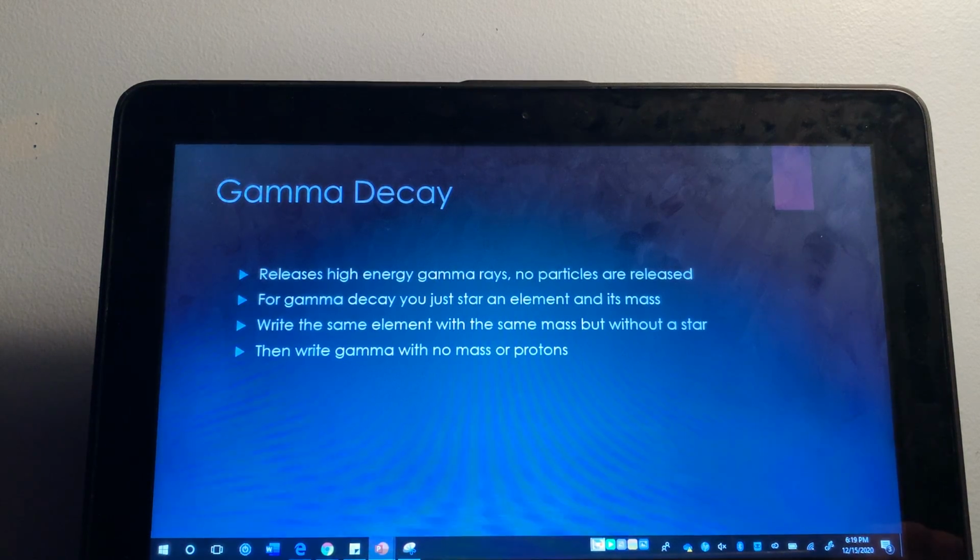You probably couldn't see that well, but I'll show it to you guys. Then you write the element without a star, plus gamma. So if you have hydrogen-1, you put a star next to hydrogen-1, then an arrow, plus gamma with no mass and no protons, plus just hydrogen-1, but it wouldn't have a star.